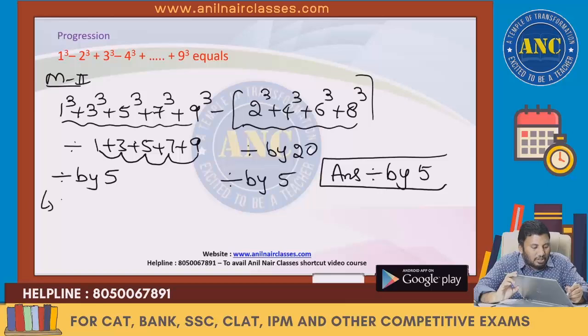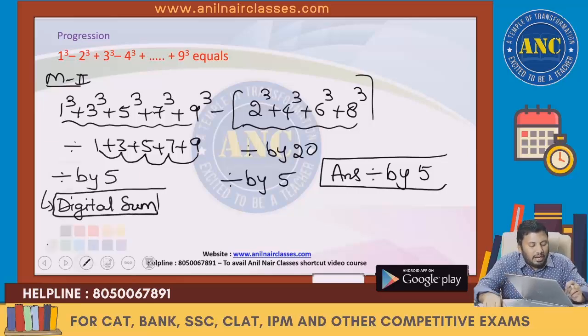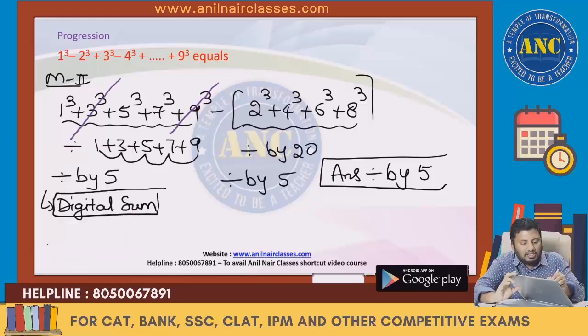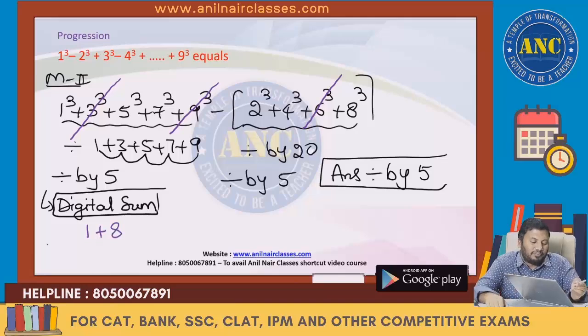Now in addition to this, use the concept of digital sum. It will be extremely clear. These 9 cube and 6 cube, 216, give 9. 1 cube digital sum is 1. 5 cube 125 digital sum is 8. 7 cube 343 digital sum is 1.